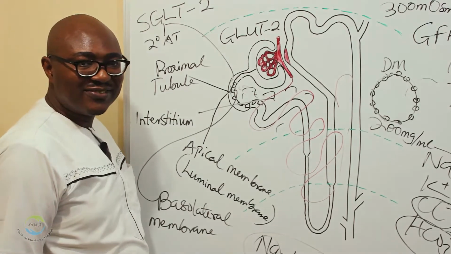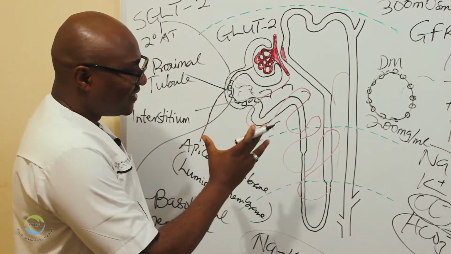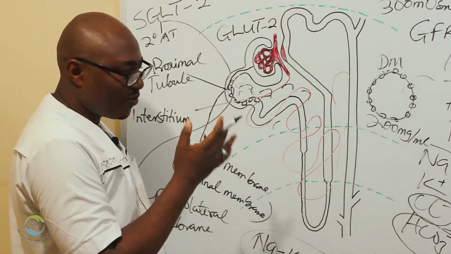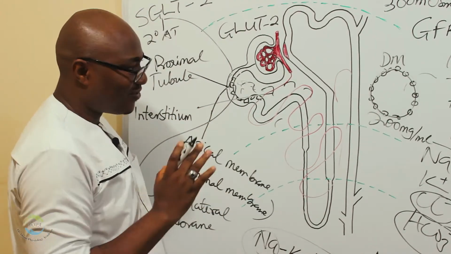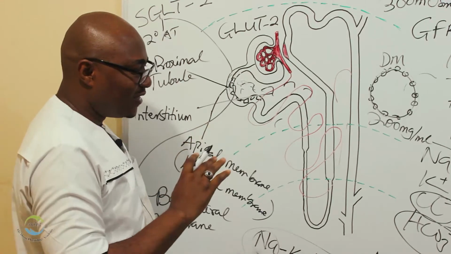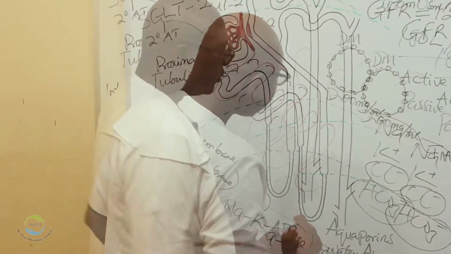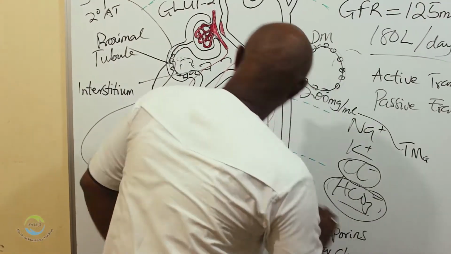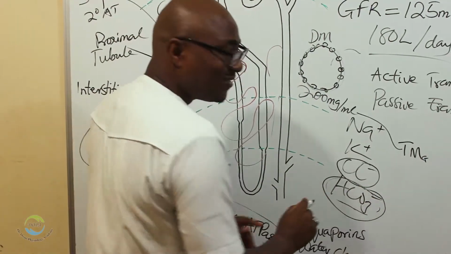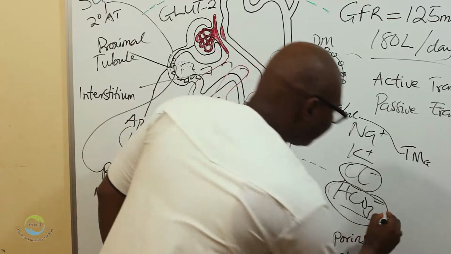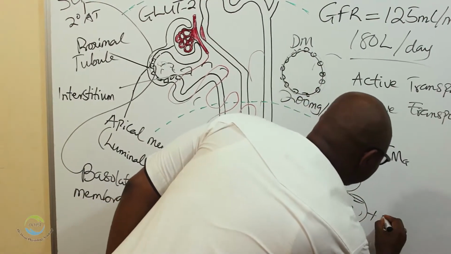So how does it do it? The body devised a means of transporting bicarbonate in a special, indirect way. So this is what happens. How does this bicarbonate cross? What happens is that it combines with hydrogen.